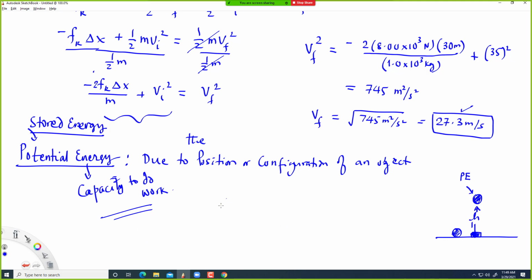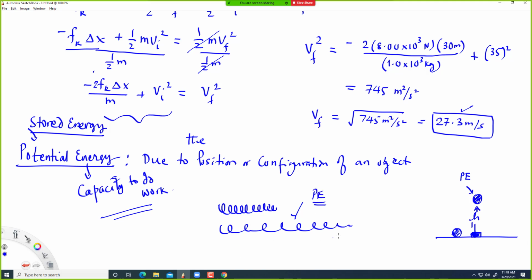Likewise, let's say you have a spring. Initially, the spring is like that. If you stress the spring, now the spring will have some energy because of the change in configuration. And that energy is also called potential energy. And how do you know it has energy?